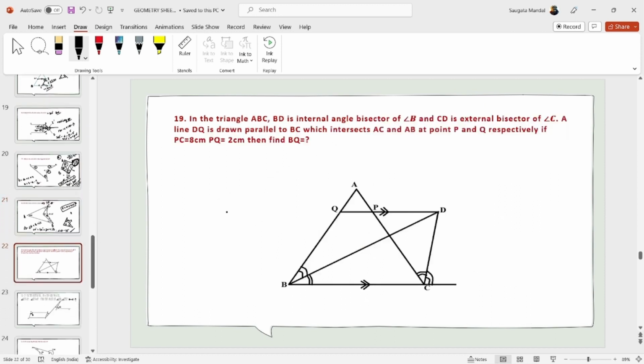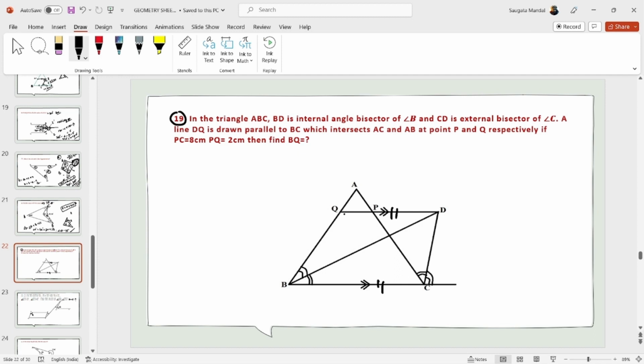Next, we can move to the next question. Question number 19. In the triangle ABC, BD is the internal bisector of B and CD is the external bisector of C, and a line DQ is drawn parallel to BC, which intersects AC at P and AB at Q respectively.